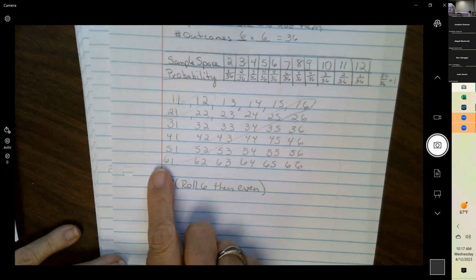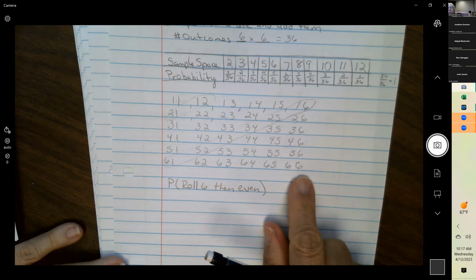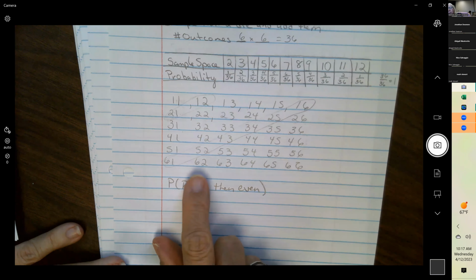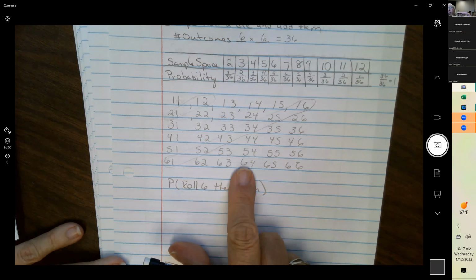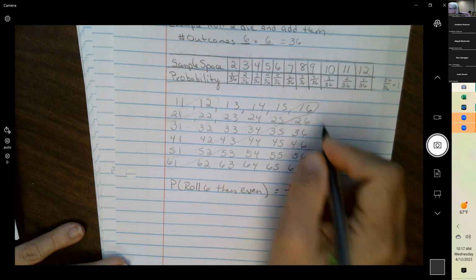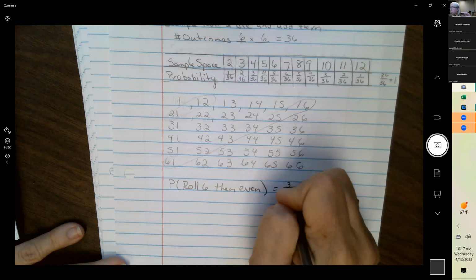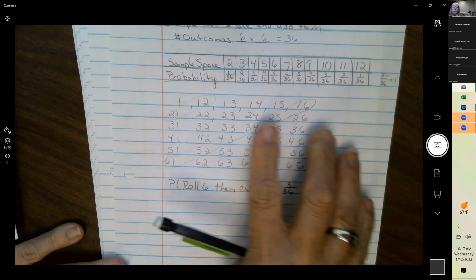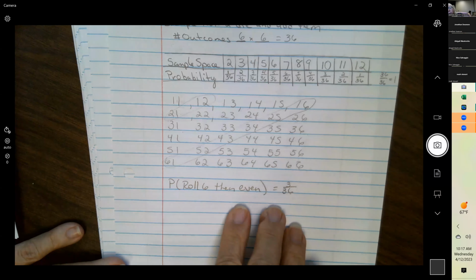So this is our rolling a 6 first, this bottom row. And then the even 1, 2, 3. So it's 3 out of 36. So if you draw your whole sample space, that's another way of looking at it.